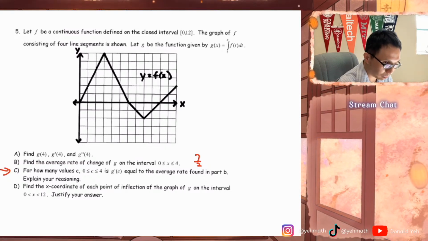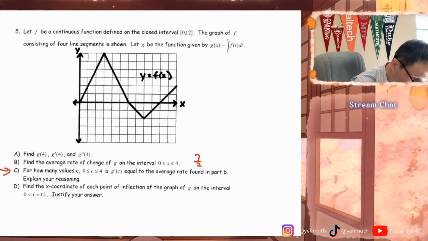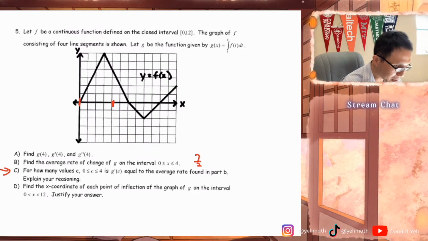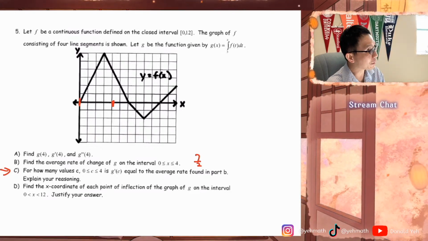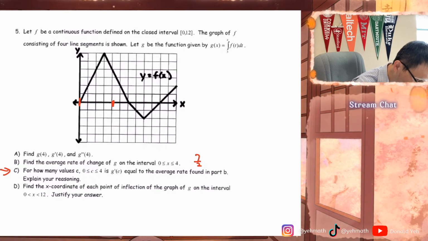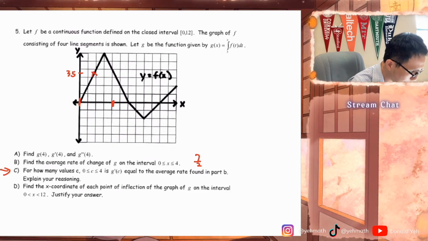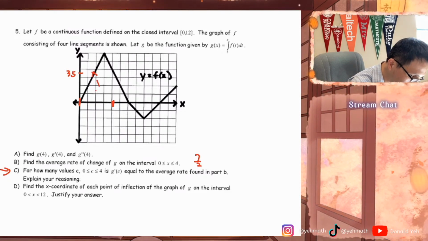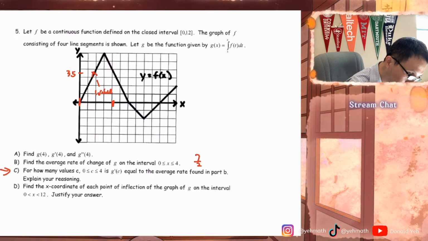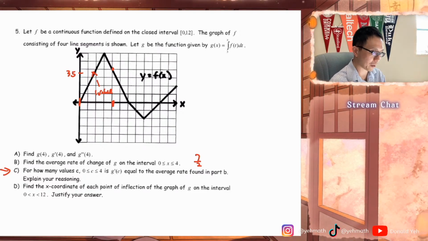So between 0 and 4, right? What's 7/2? 7/2 is 3.5, right? So 3.5 is right here. So you must go to this point here, 1 value. Do you see that 1 value? But when you get to 4, it only comes down here. It never goes back down to 3.5. So there's only 1 value.